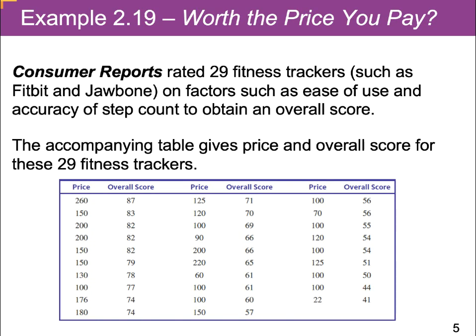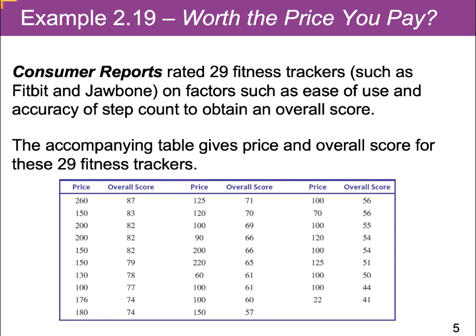You've probably done this before, but this example is looking at the price and the score of 29 different fitness trackers, looking at factors like the ease of use, the accuracy of counts. So for each fitness tracker, you have both the price and the overall score.